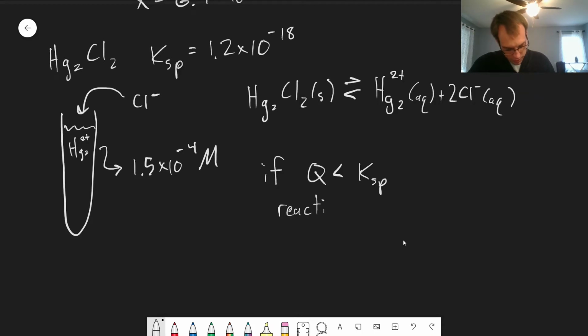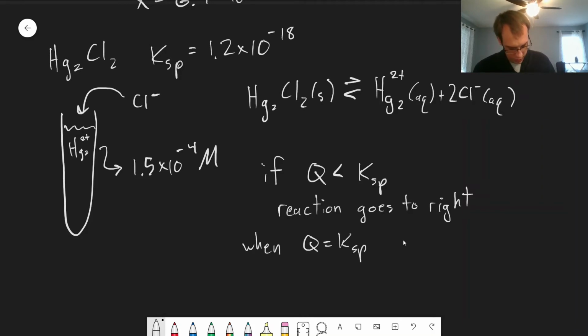And in this case, that means that we won't see any solid forming. We'll start to see solid when Q equals KSP, solid will start to form, because then the reaction will start to shift to the left.